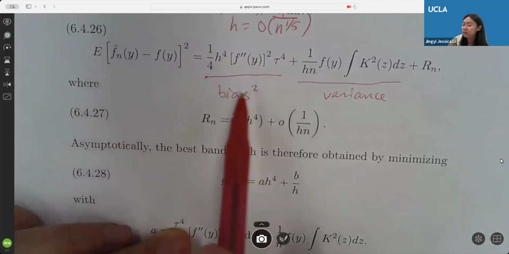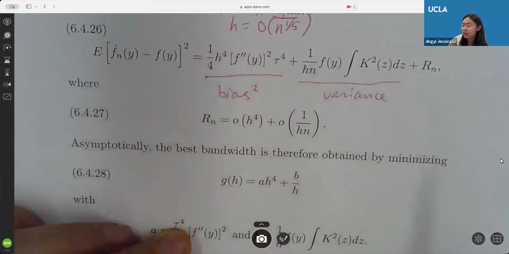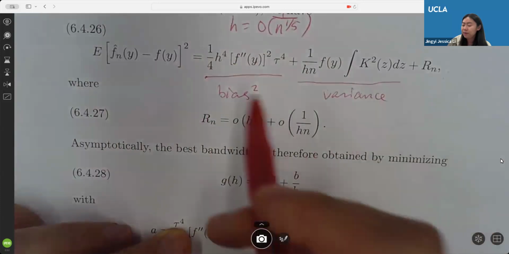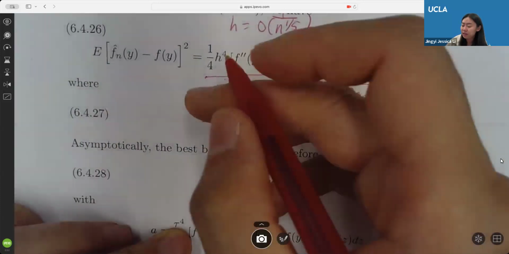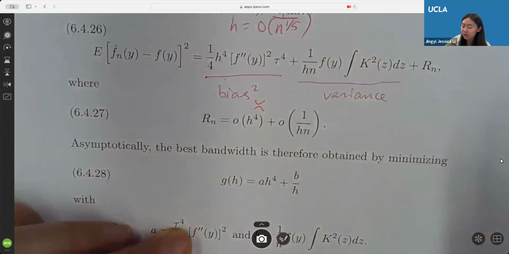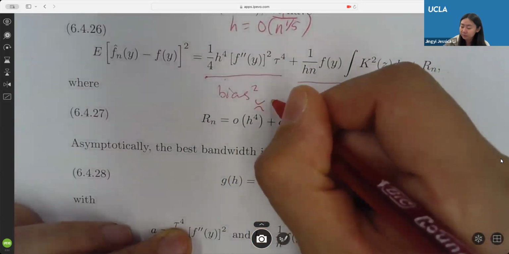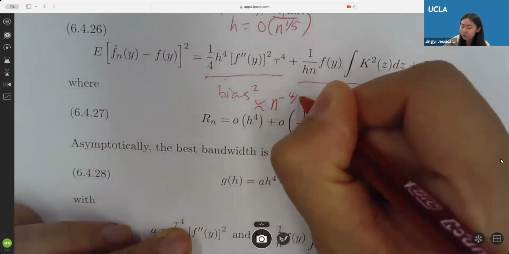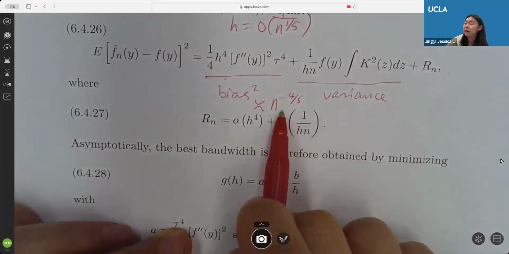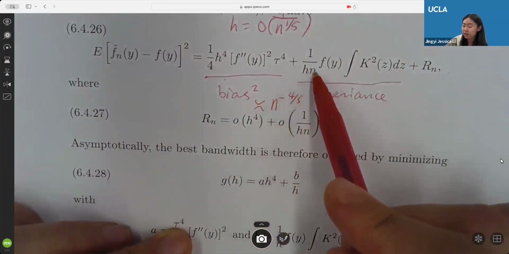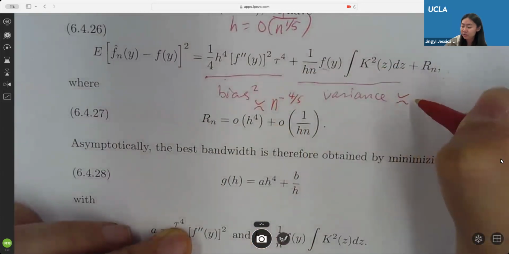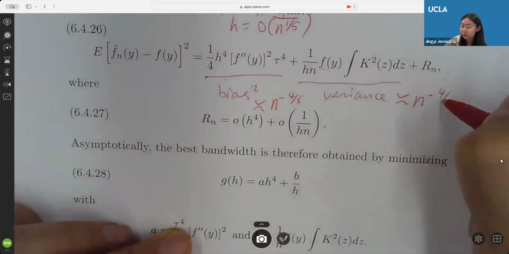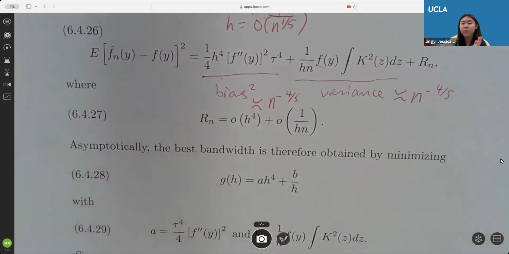The first term now depends on n because of h, right? So you can see that this bias squared is now in the order of n to the negative 4/5. And for the second term, same thing. It's interesting, the rate is also n to the negative 4/5. So now we have this rate for the mean squared error.